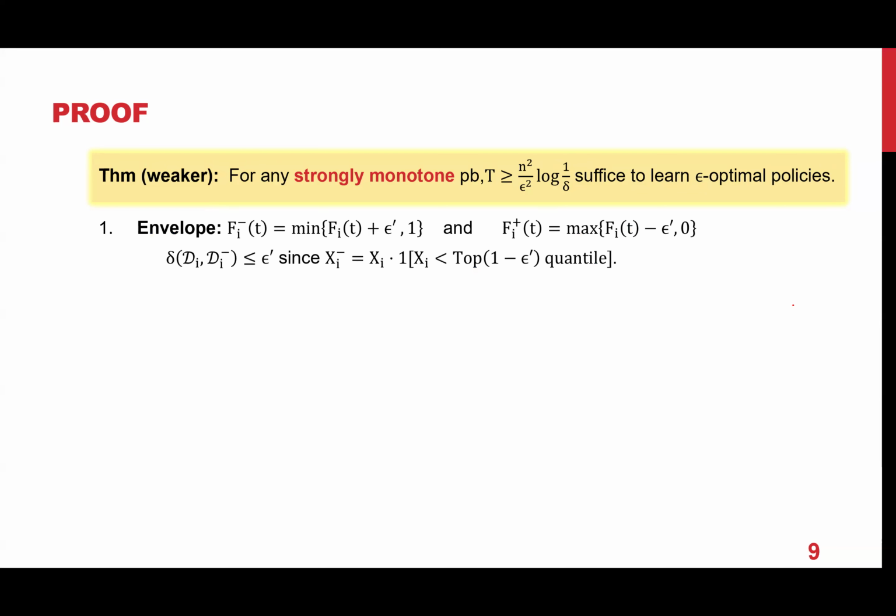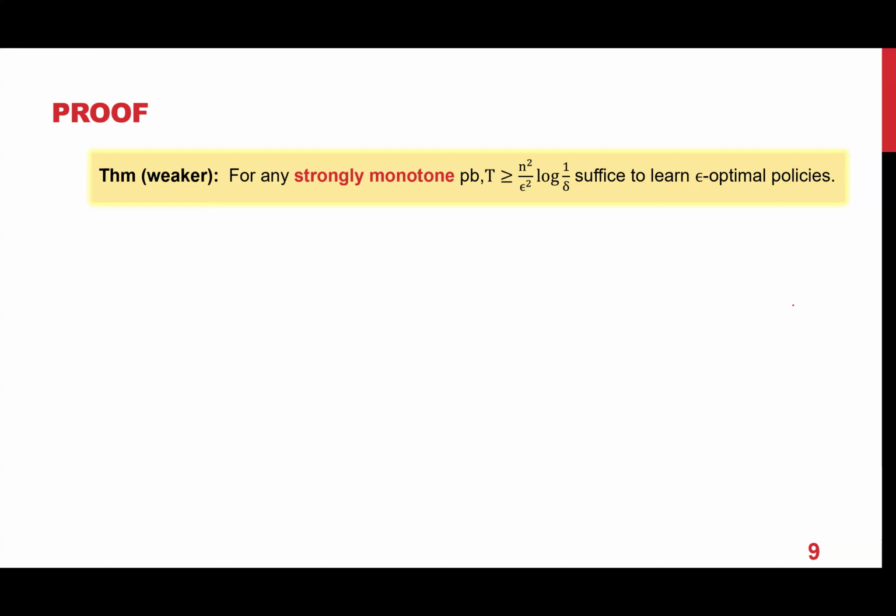Good. So now comes the question about how do I define these envelopes? Remember, the proof steps are: I have my original distribution. I want to come up with a slightly upper envelope and a lower envelope, such that my true distribution is in between the upper and lower envelopes, and also my learned distribution is between these upper and lower envelopes. How I define it is somewhat natural.